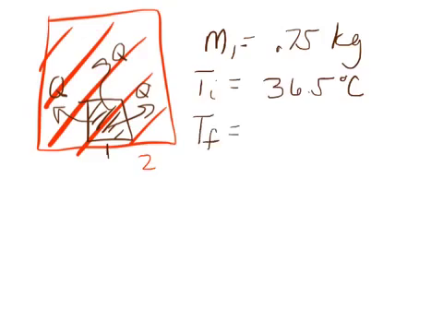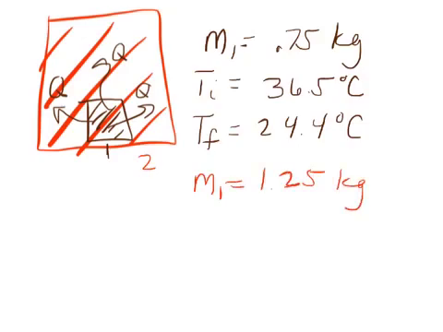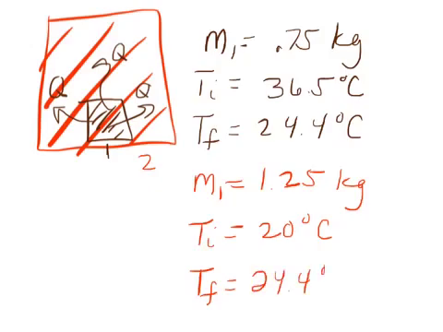The final temperature of the cup, Tf, is 24.4 degrees Celsius. Now let's talk about the water. The mass of the water is 1.25 kilograms. The temperature of the water initially is 20 degrees Celsius, and the final temperature of the water is 24.4 degrees Celsius. Again, notice the final temperatures are the same because it reaches thermal equilibrium.